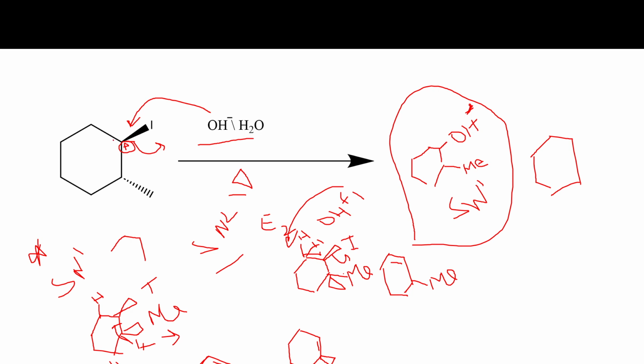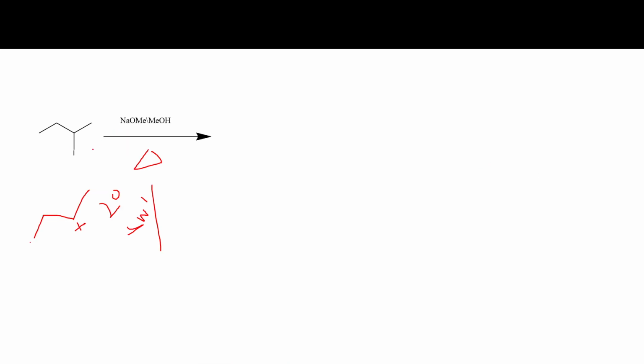Your carbocation is not stabilized here. This one is also a polar protic solvent, so both SN1 and SN2 reactions are possible. The SN1 product will be like this. In one case OMe is up.